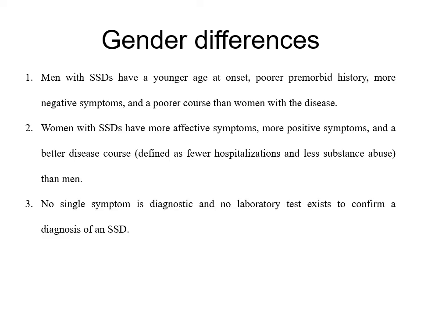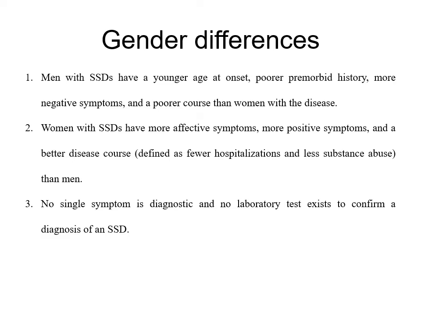All right, so when we look at gender differences, it seems like men tend to have a younger onset age. Men have a poorer pre-morbid history, more negative symptoms, and seem to just do worse than women with the disease.